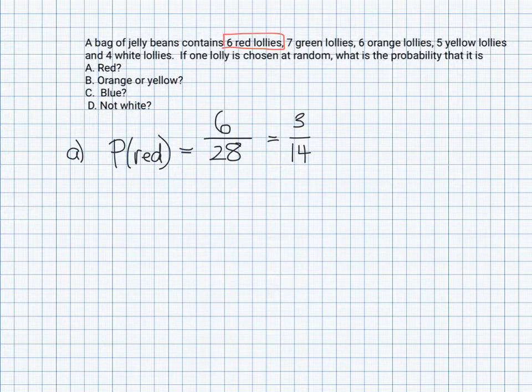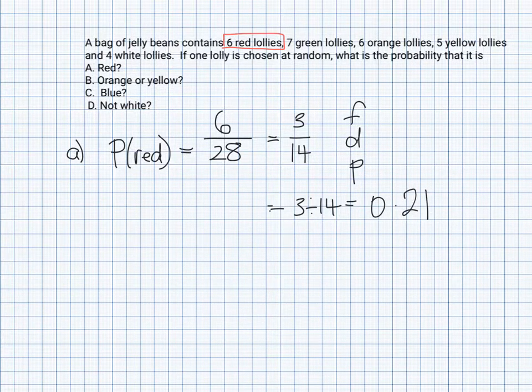You can turn this into a fraction, a decimal or a percent. To turn it into a decimal, we'll just do 3 divided by 14, which is approximately, going to the second decimal place, 0.21.